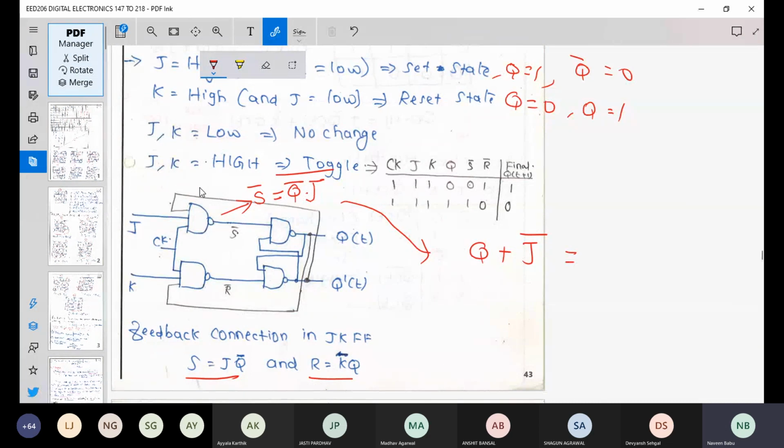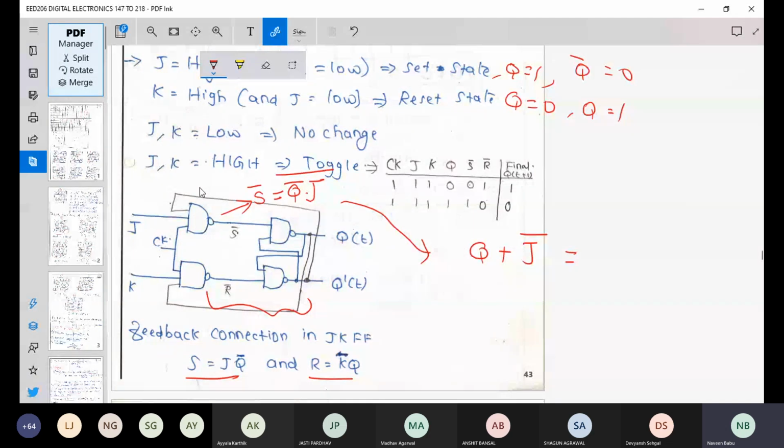So right now, I think you must be able to understand that your feedback here is from Q bar to J and Q to K, and this is going to alter your next state outputs. Now let's create a truth table. We will come back to that internal part later. Now, how does your JK flip-flop's state table work? Please look at the terms I am using.